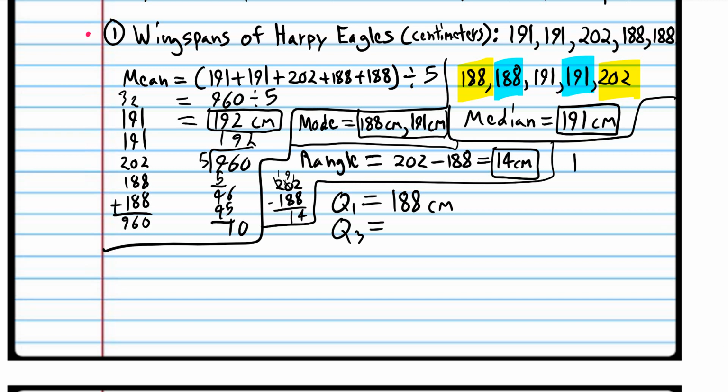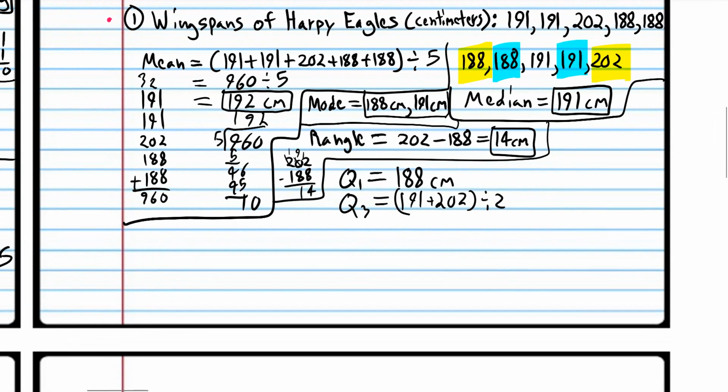To find the mean, you add up the two numbers and divide by the number of numbers. So obviously there's two numbers, so 191 plus 202 divided by 2. So let's do that. 191 plus 202, that would be 393, and then divide that by 2. So I'm going to do that over here.